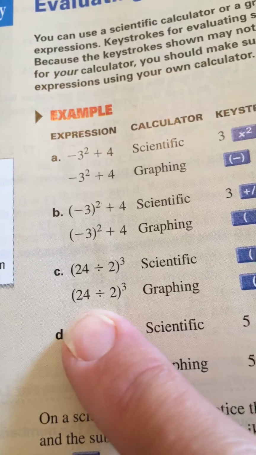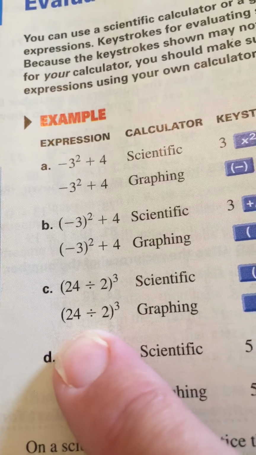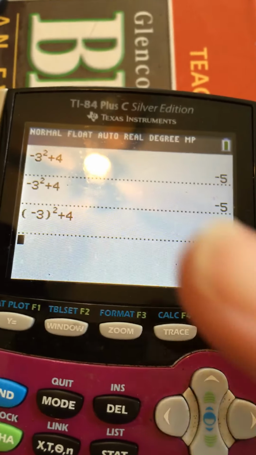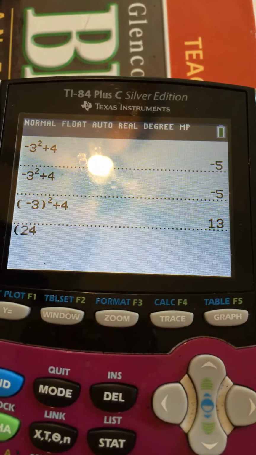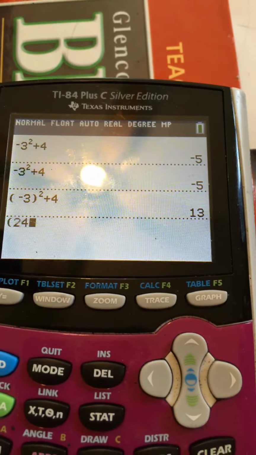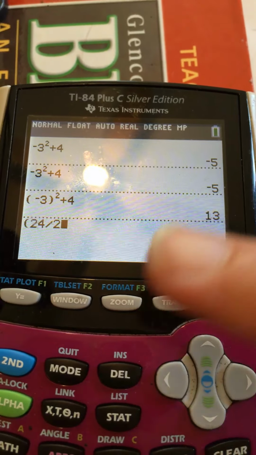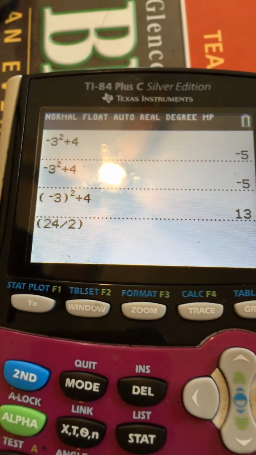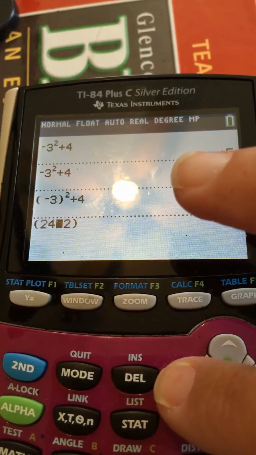Okay, so now let's do C. It's parentheses 24 divided by 2 cubed. So beginning parentheses 24, it wasn't negative yet, divided by 2 in parentheses. Oops, I wasn't looking what I was doing.